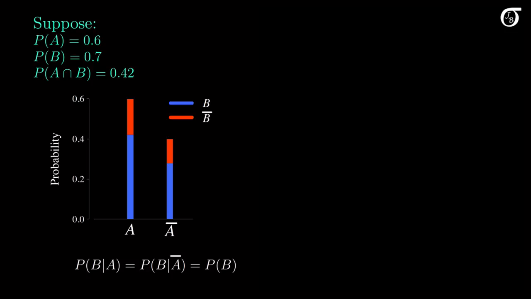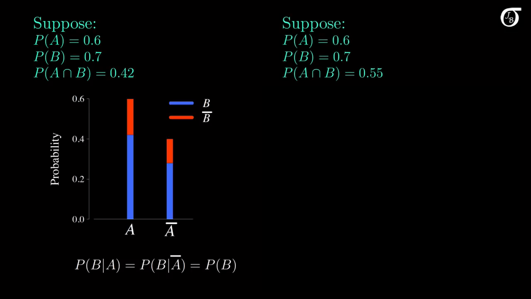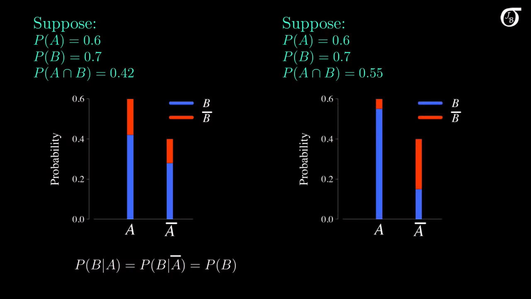But what if A and B are not independent? Suppose we have this situation, where the probabilities of A and B are the same as what we just had, but the probability of the intersection of A and B is 0.55, much greater than it was under independence. Then much more of the A bar on the left is blue, corresponding to the probability of the intersection of A and B, and much less of the A complement bar is blue.